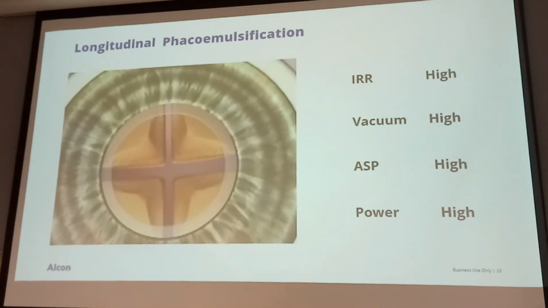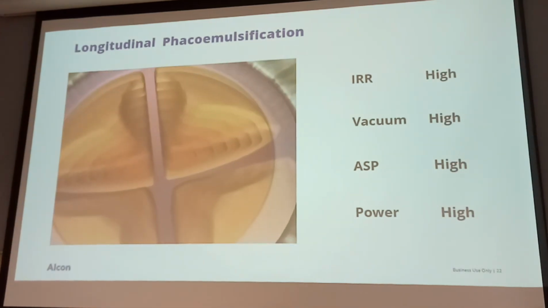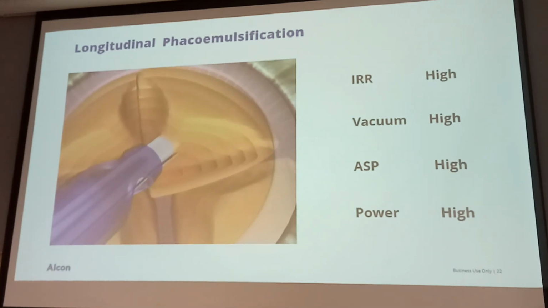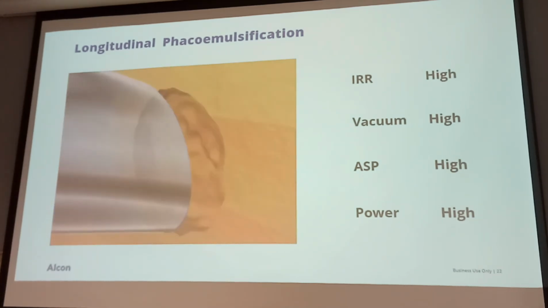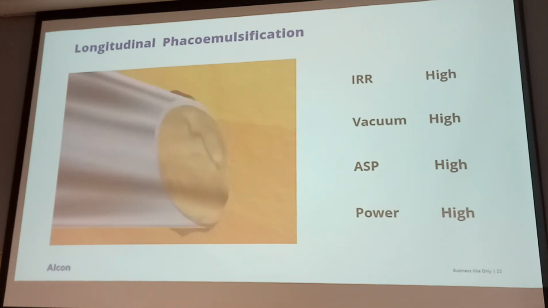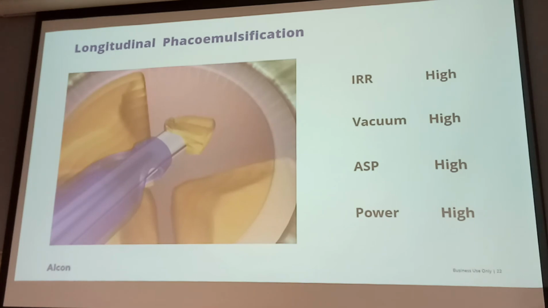But still, we also have a traditional phaco machine, the Laureate. The Laureate machine is a traditional one. It is for the developing market, for example, like China. China needs a lot of this because the machine is cheap, right?